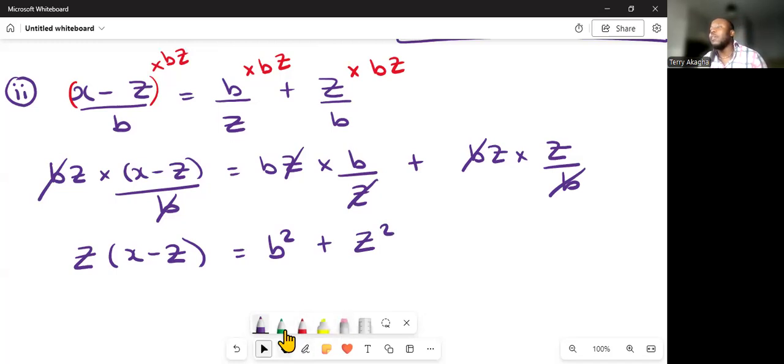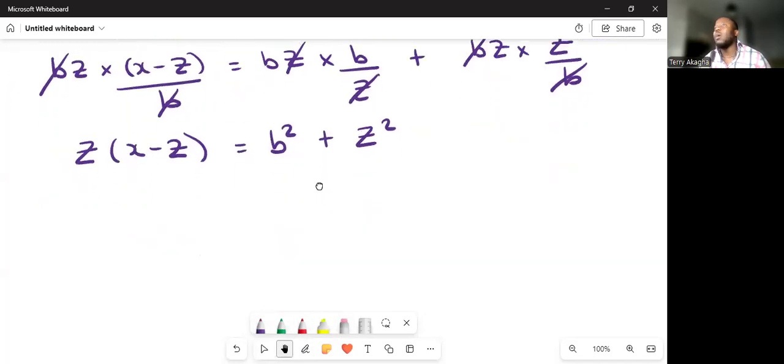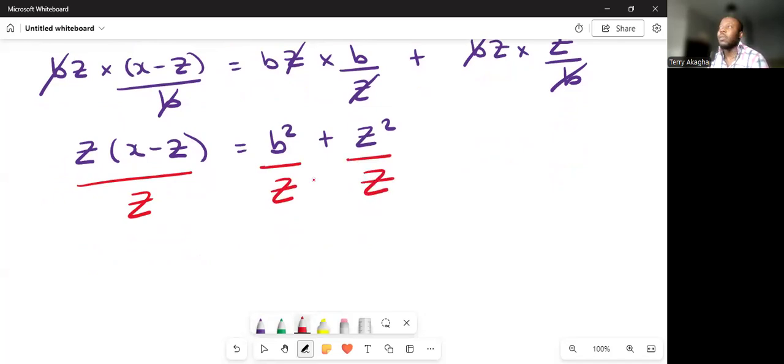Now, since we're looking for x, we need x to be on its own. So I'm going to get rid of this z on the left-hand side, so I'm going to divide the left-hand side by z. But when you do it to the left-hand side, you also have to do the right-hand side as well. So I'm going to divide all through by z. Okay? So when we do that, this will cancel out.